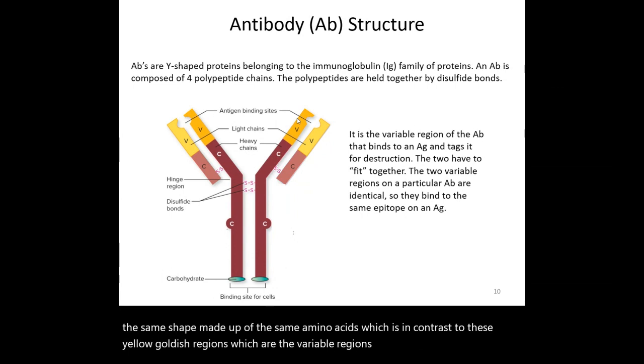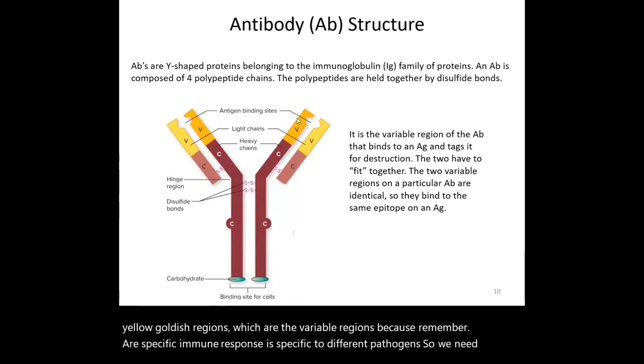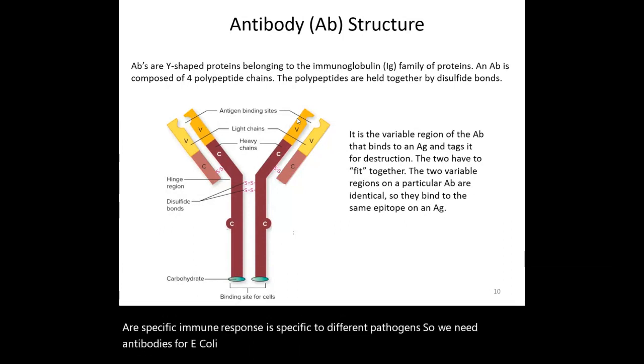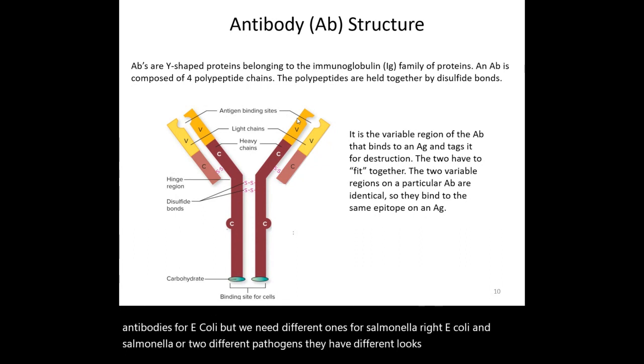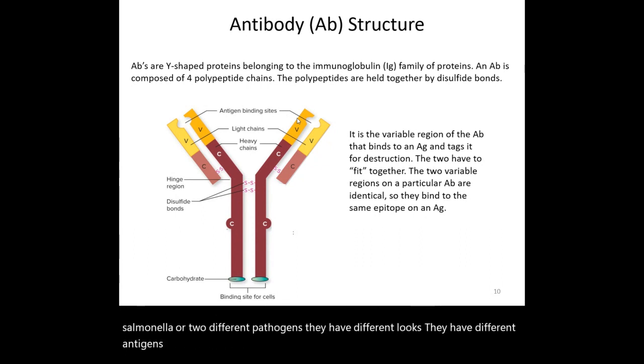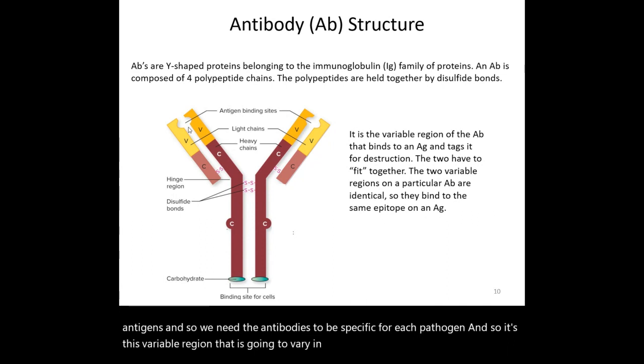Remember, our specific immune response is specific to different pathogens. So we need antibodies for E. coli, but we need different ones for Salmonella. E. coli and Salmonella are 2 different pathogens. They have different looks, they have different antigens. So we need the antibodies to be specific for each pathogen. It's this variable region that is going to vary in shape based on the pathogen that it is specific for.